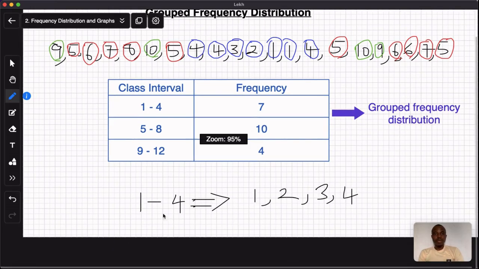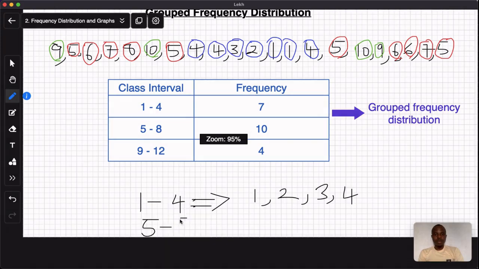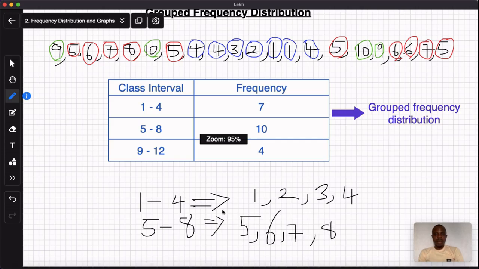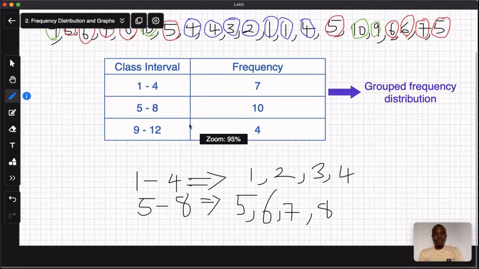In the same way, 5 to 8 will mean start from 5 and end at 8: 5, 6, 7, and finally 8. So please take note of that.